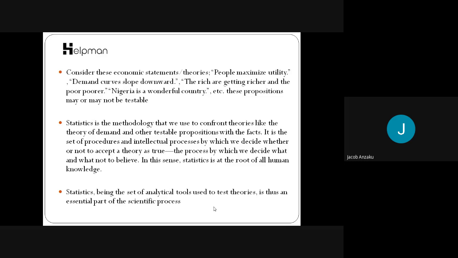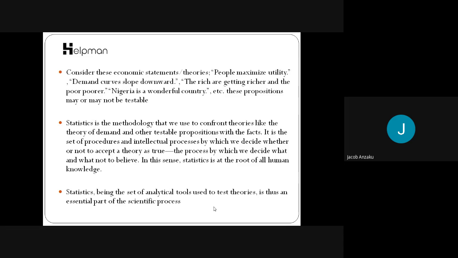For instance, if we say Nigeria is a wonderful country, what do we mean by that? Under whose observation are we saying that Nigeria is a wonderful country? Can we conclude that it is a wonderful country? So, what usually helps us to make all these conclusions is statistics.